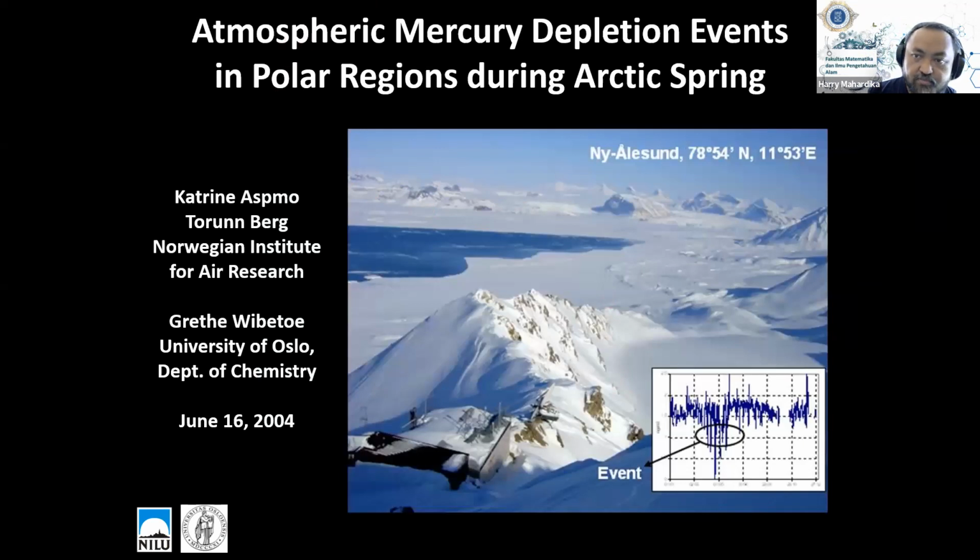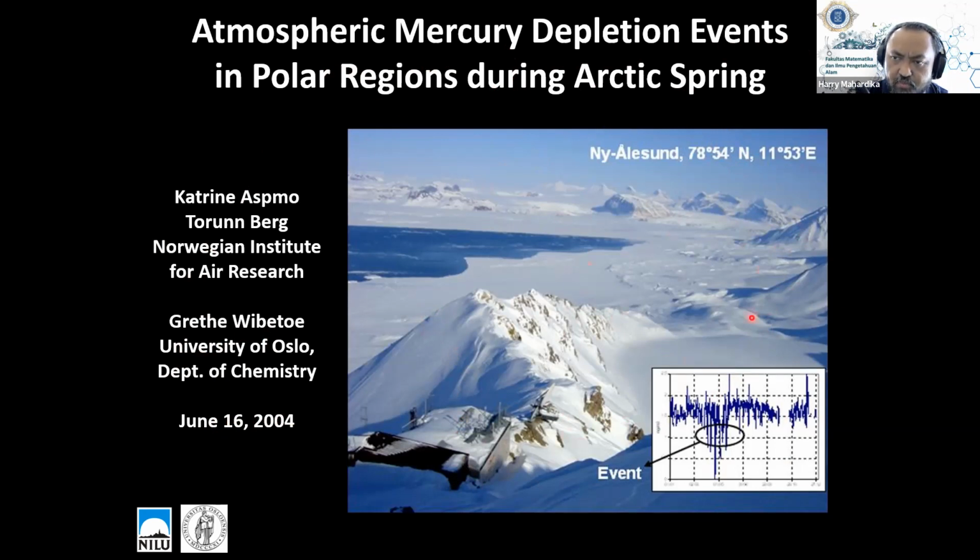Okay, it has a proper title above, and then the names of the author, and then the name of the speaker, and then the affiliation, and then the date of the presentation. And this is the most important figure of the talk, which covers the atmospheric mercury depletion event in polar regions.